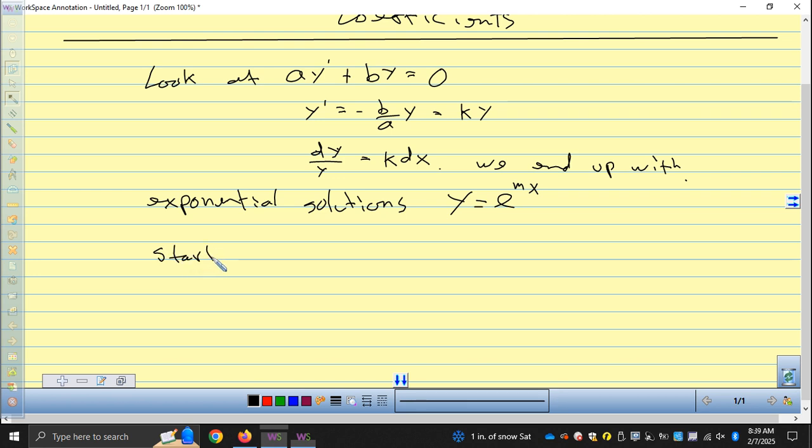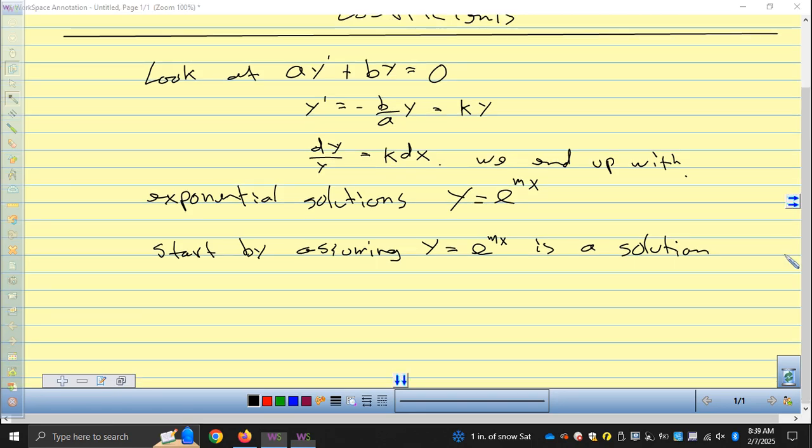So start by assuming y equals e to the mx is a solution. And we say, what does this imply? Well, if you think back, we've done homework questions like this as well. So I'm going to take the derivative, multiply it by a, add it to b times this function.